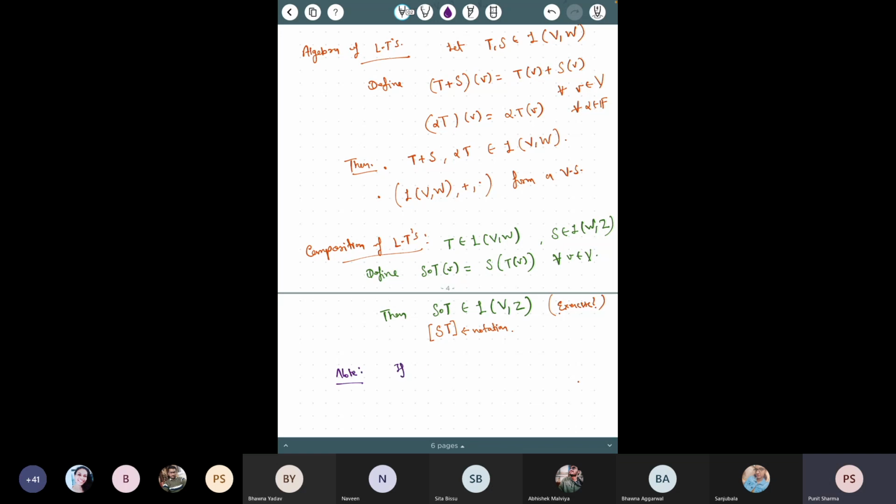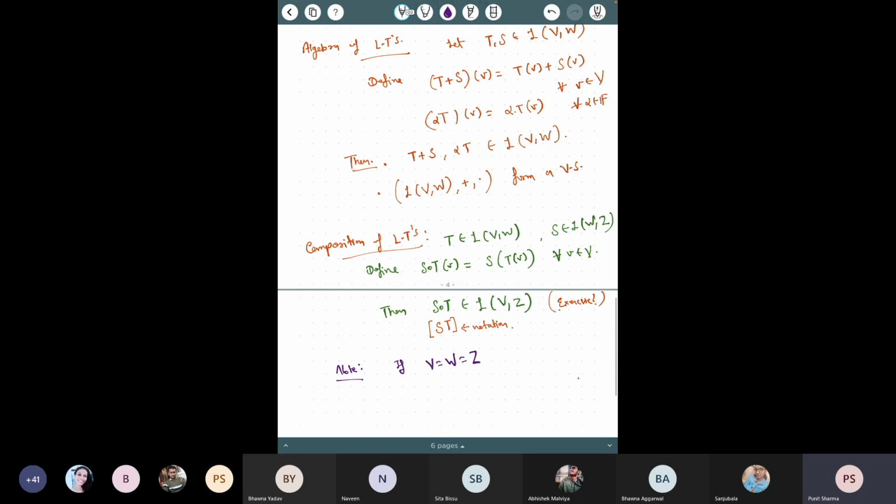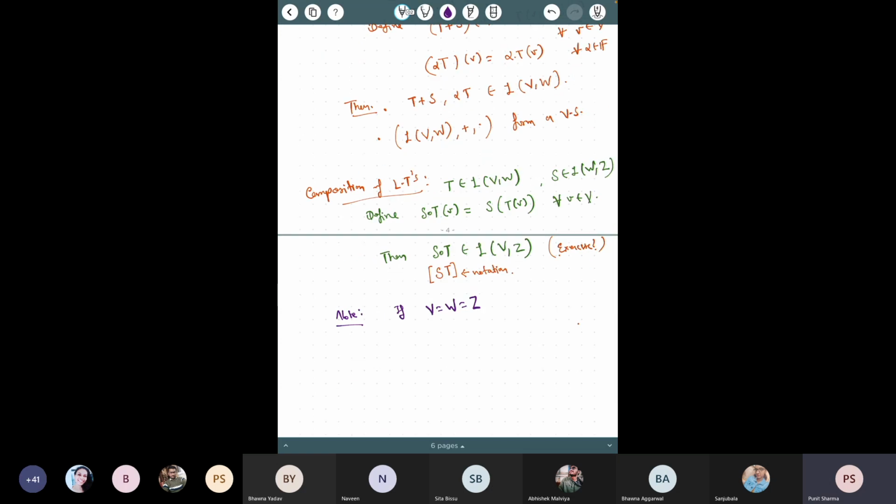If V, W, and Z, these three vector spaces, are the same, then we can define S composition T, and we know from above that this is a linear transformation from V to V. And similarly, T composition S is also a linear transformation from V to V, right?